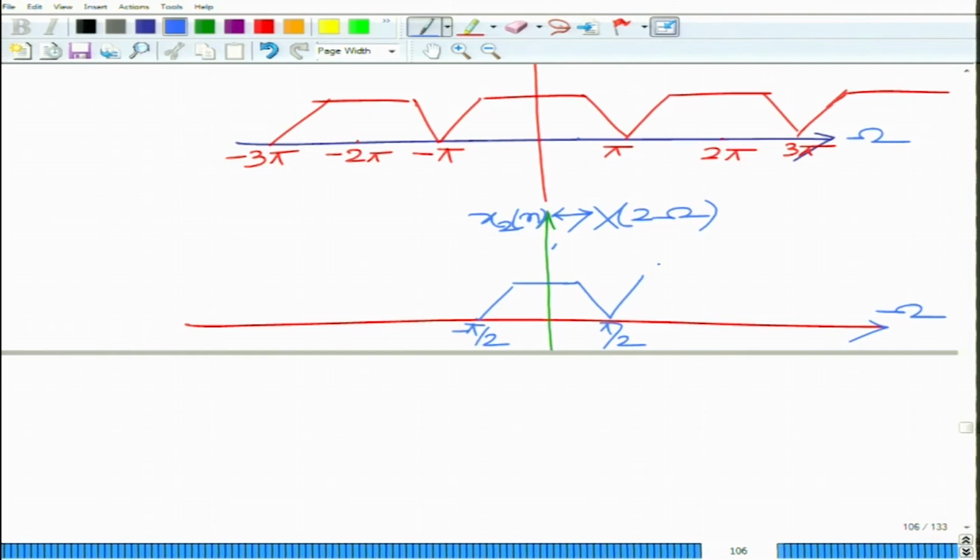So, at 3 pi by 2, at 2 pi, you will have what is at pi by 2, and so on, and similarly here.